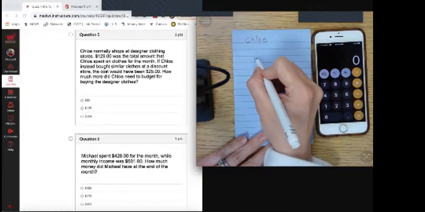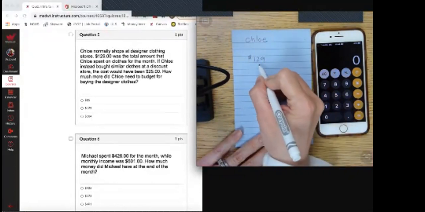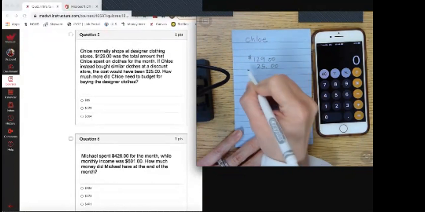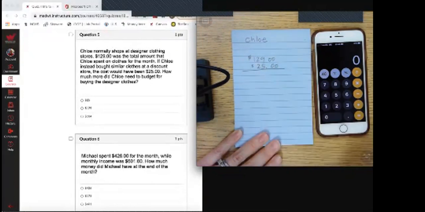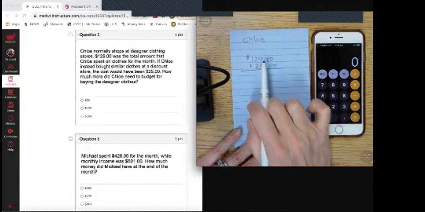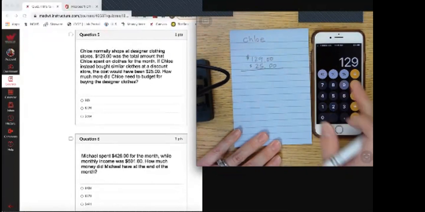So she spent $129, and instead she could have spent $25 for the knockoffs or something less expensive. How much would she have been saving if she went the $25 route instead of $129? So we're going to subtract $129 minus 25.